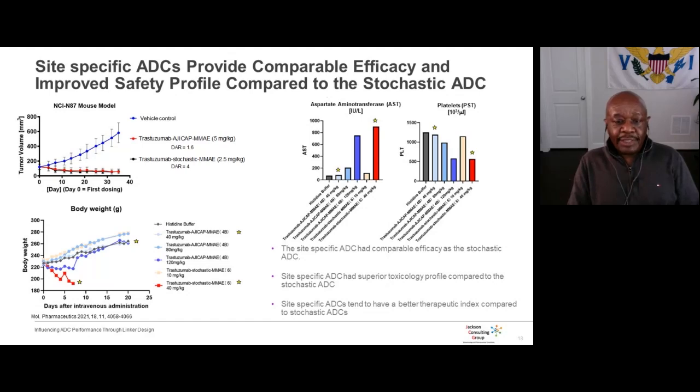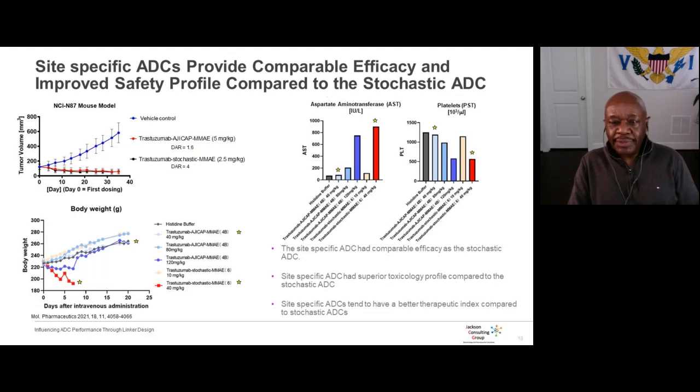What you can clearly see is that with the site-specific conjugation, the levels of AST are low, almost the same as your buffer or your control, while the stochastic conjugation gives you high levels of AST.